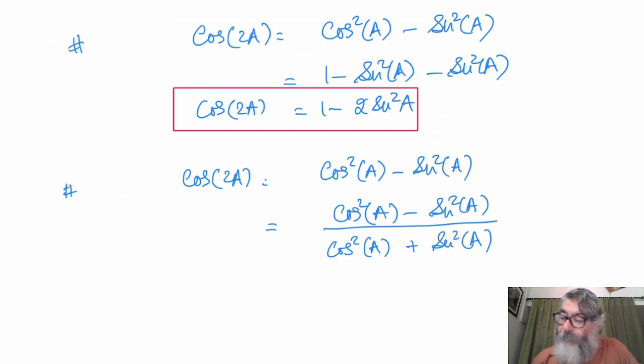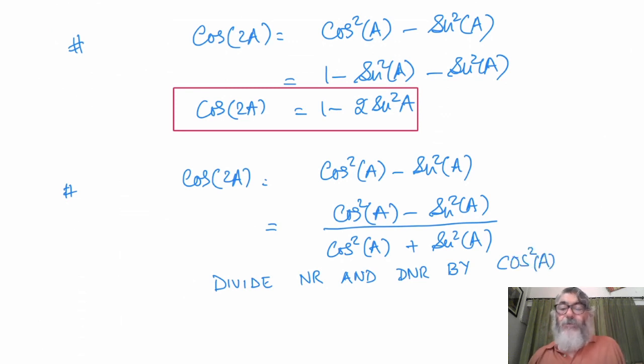Now divide numerator and denominator by cos square A. What will happen?